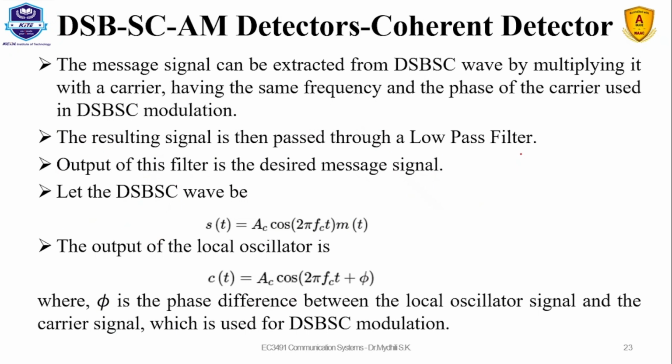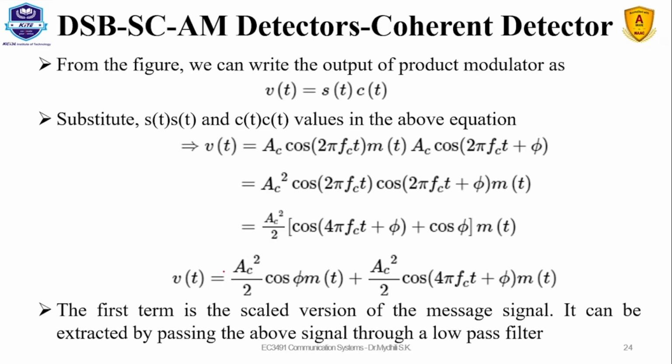That is explained with respect to the equation and the diagram. As mentioned, the equation is given with S of t and C of t. By multiplying these, we get the output V of t. We substitute the values of the S of t signal and the C of t signal that we have considered, finally arriving at an equation with two terms.